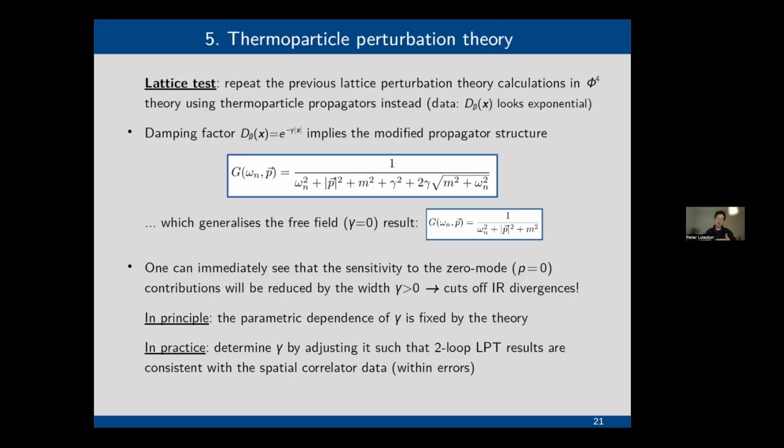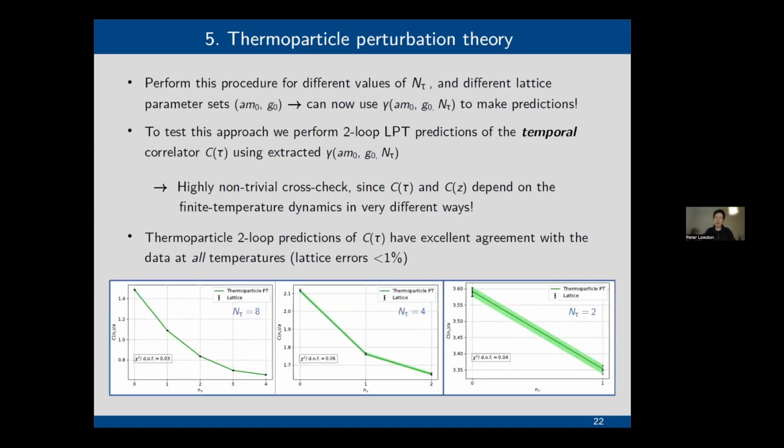But as soon as we do a prediction of the temporal correlator, we are doing a genuine prediction, because the spatial and the temporal correlators depend on the spectral function in very different ways. You can have many different spectral functions that describe the same spatial correlator, but give you very different temporal correlator predictions.